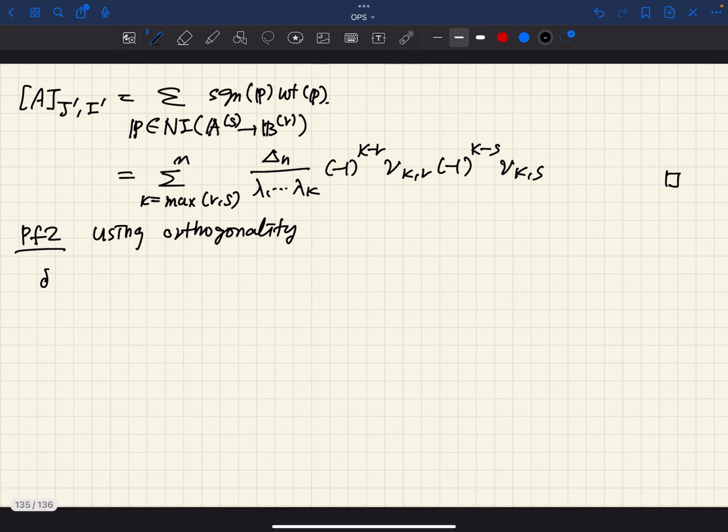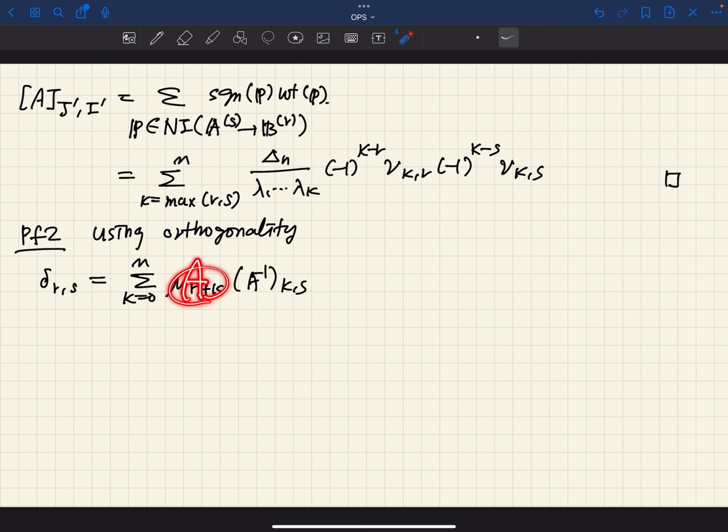So we need to show that if you multiply two matrices, you get delta R comma S for the entry RS. So this is the sum over K from 0 to N of mu R plus K, A inverse KS. This is our matrix A, R comma K, and this is our matrix A inverse, K S. This is what we need to prove.